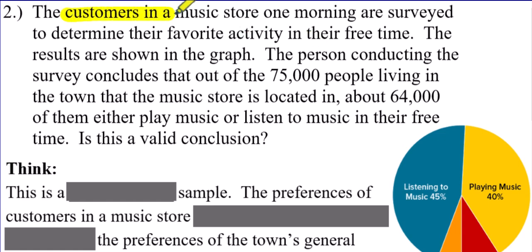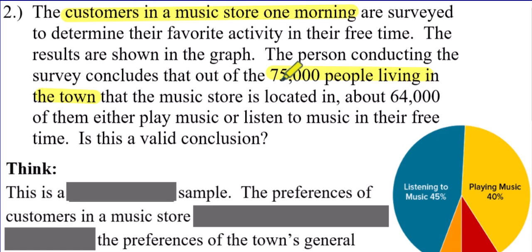They asked the customers in a music store one morning. Well, what is the population supposed to be? It's supposed to be the 75,000 people living in the town. Are you noticing what I'm noticing? There's an issue with this.